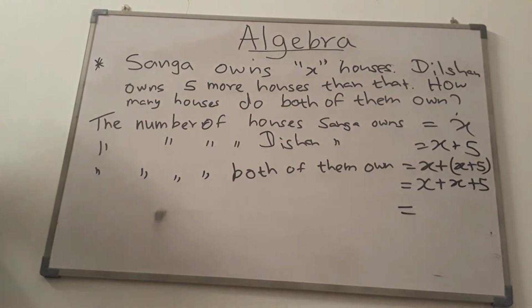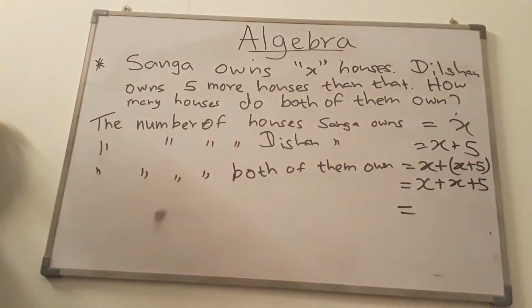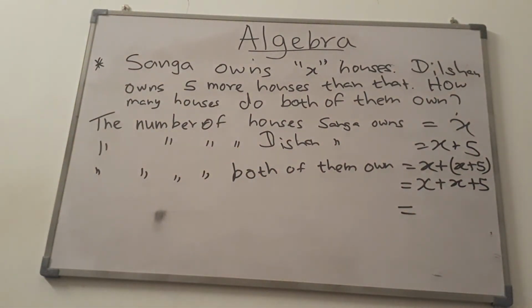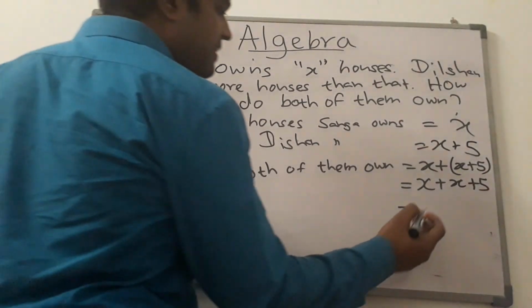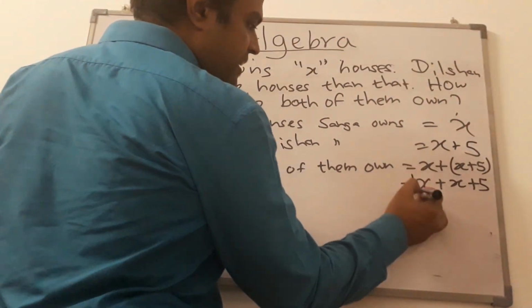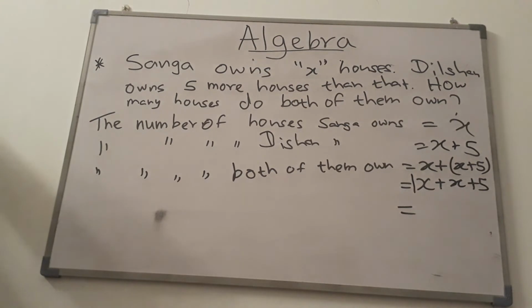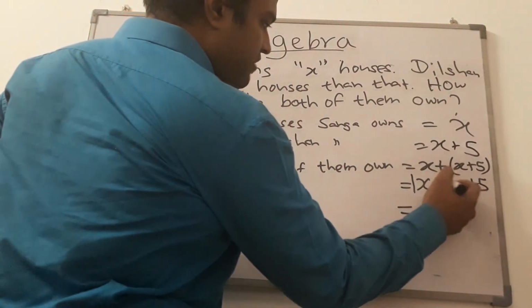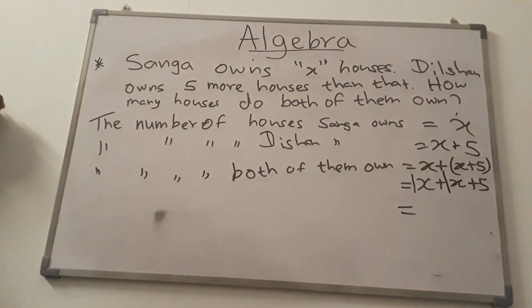Okay, x and x are like terms, so x and x can be added. x means 1x. I talked about this a couple of videos ago. Here also in front of it is 1. Just x means it is 1x. If it is 2x, it is 2x.